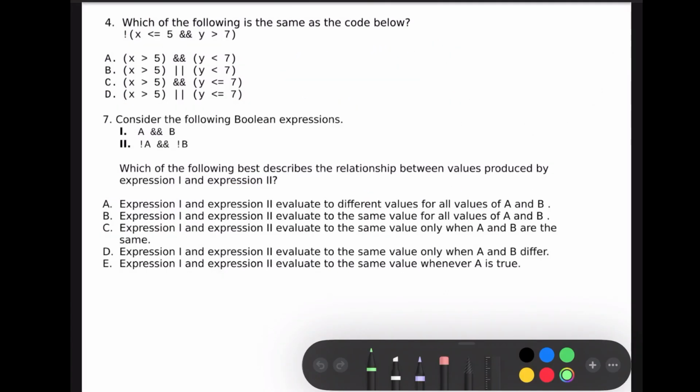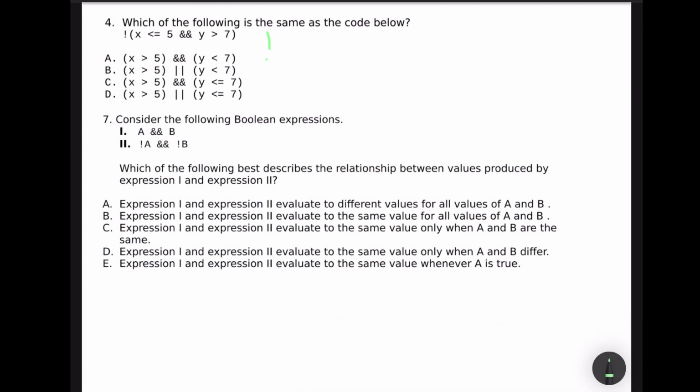Okay, so this is the next question. Which of the following is the same as the code below? So same thing, we distribute out not x less than or equal to 5, and then not and then not. Okay, so we know this is or, so it can't be A or C, so that's marked off. Now it's either B or D, so let's simplify.